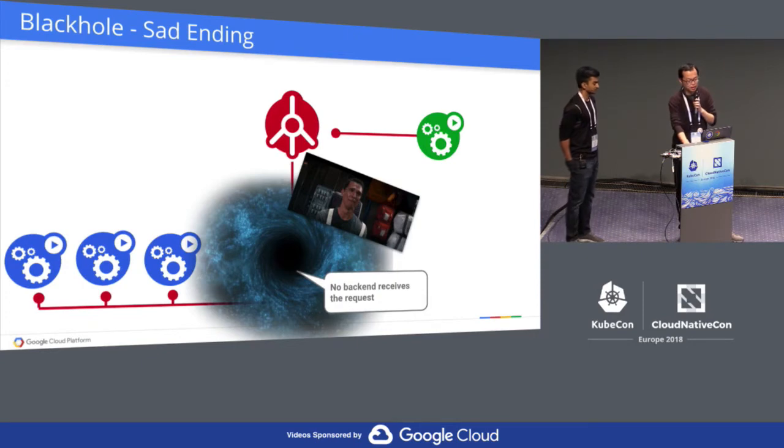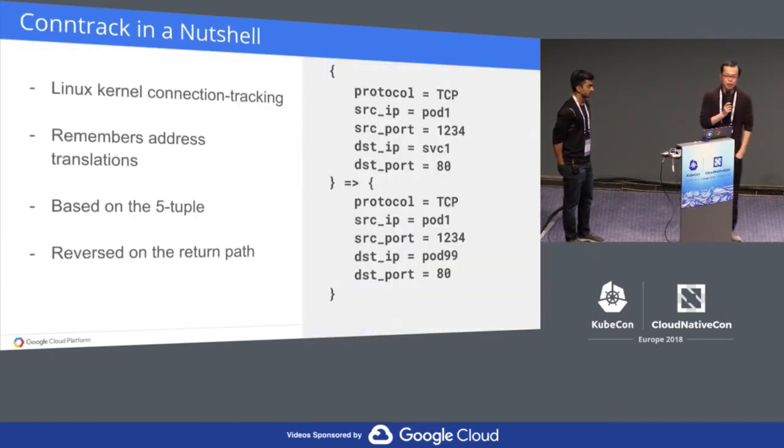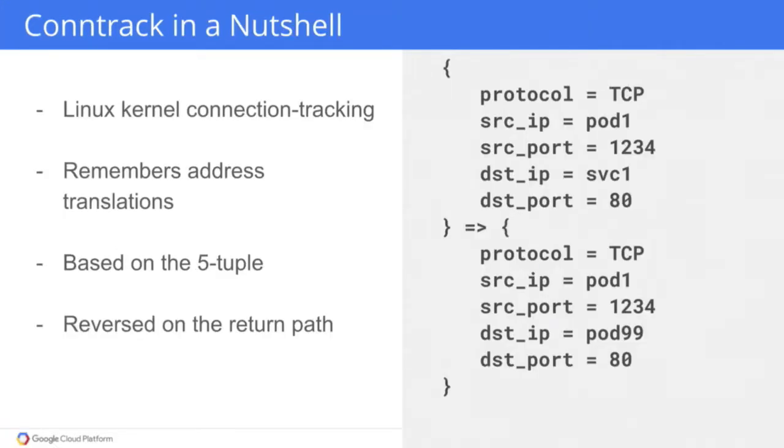This actually happened a while back, and consistently the green pod's requests would get swallowed. To explain what happened, we need to talk about some background knowledge. First is conntrack, which stands for Linux kernel connection tracking.